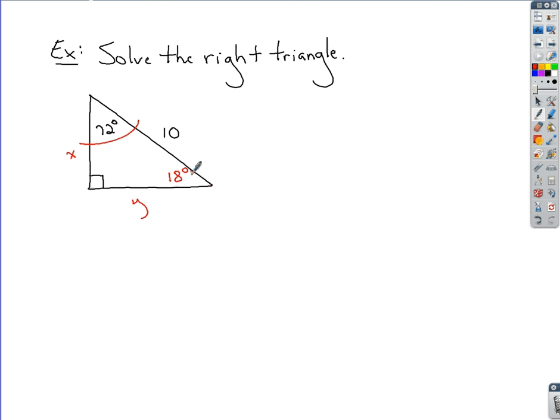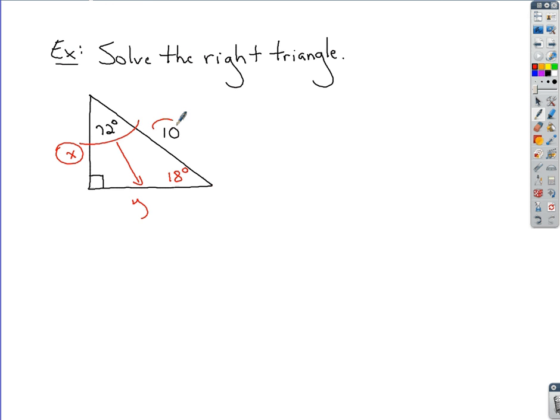Let's see how we're going to go about figuring out x or y. If you start with x, just to go in alphabetical order, say I make all my comparisons here to set up my trig ratio off of the known angle of 72 degrees. If that's going to be the case, then the opposite side here to 72 is going to be y. If I'm starting by finding x, x is adjacent to that angle.